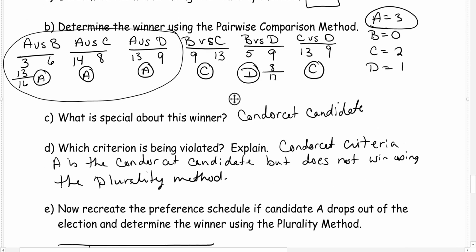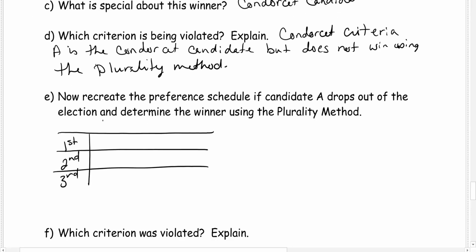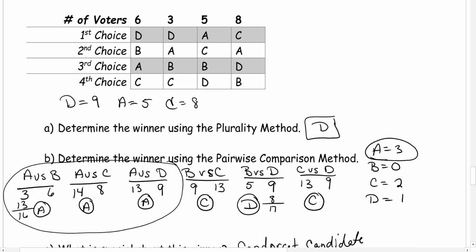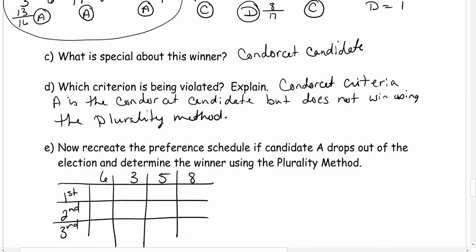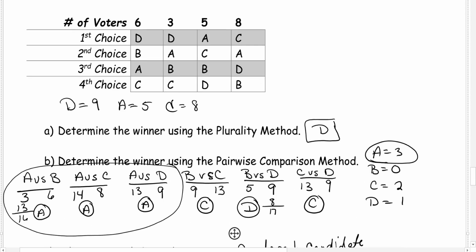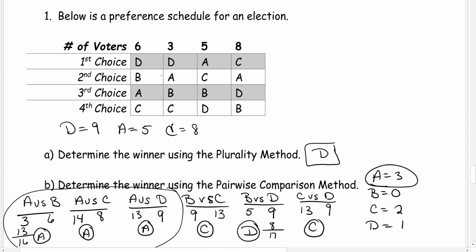And it was 6358. And so if we take A off the first 6 ballots, they would be DBC. If we take A off of the next 3, they would become DBC.